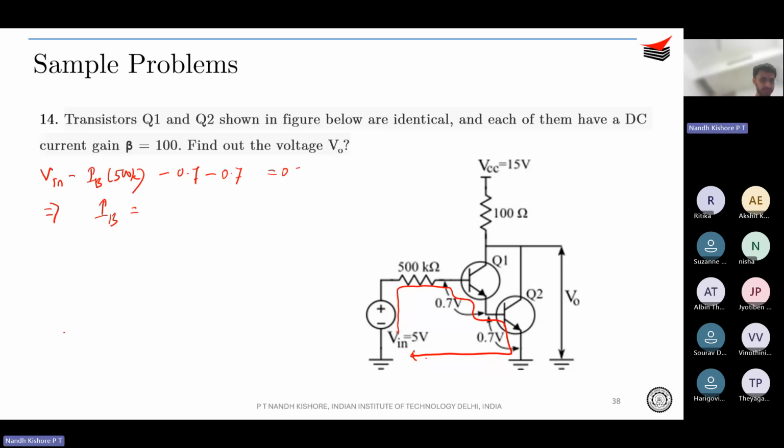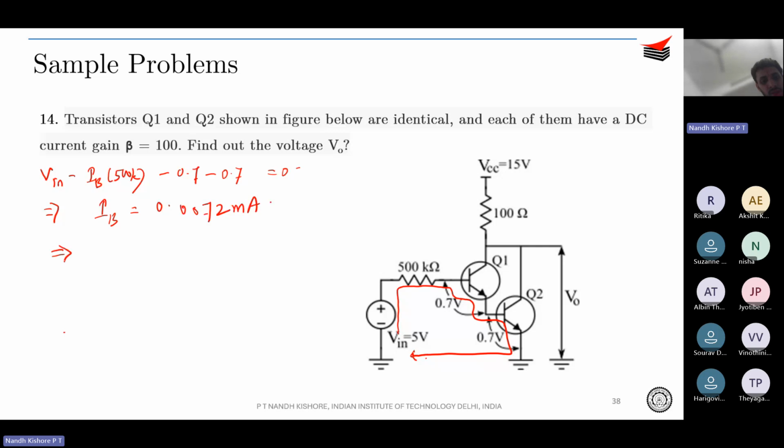IB would be 5 minus 1.4 divided by 500K, which is 0.0072 milliamps. So this is your IB.